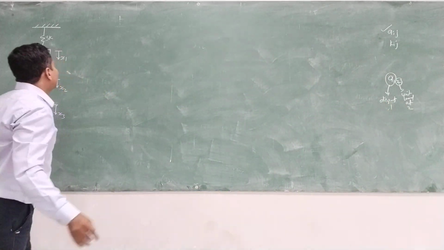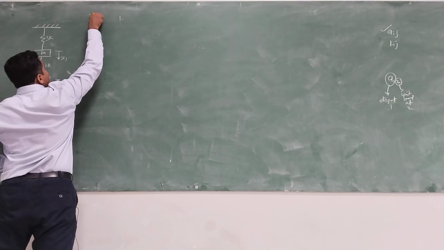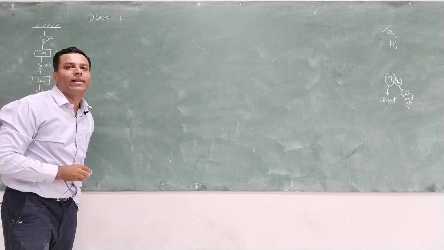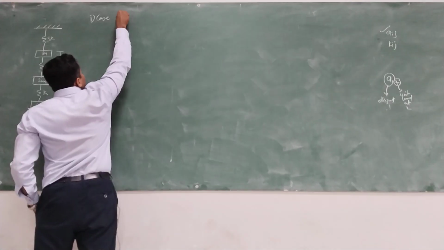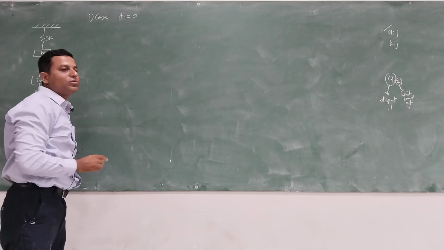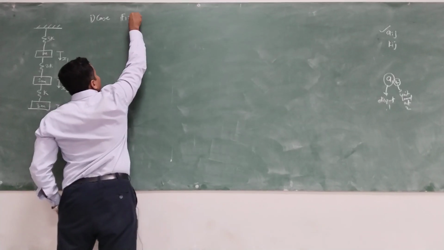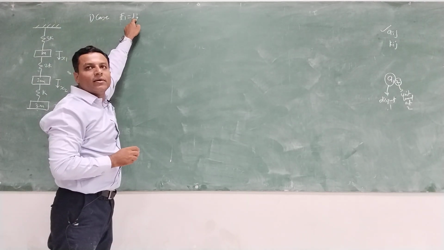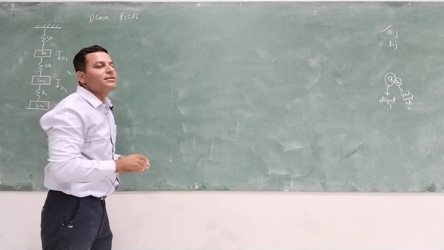So we'll consider the first case where we'll consider unit load at 1. So consider F1 is equal to 1. When you consider unit load at 1, then F2 and F3 will be 0.